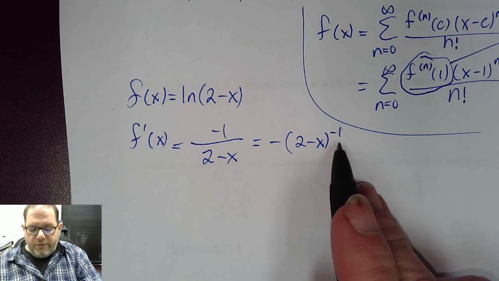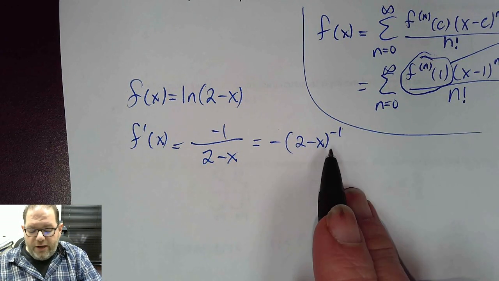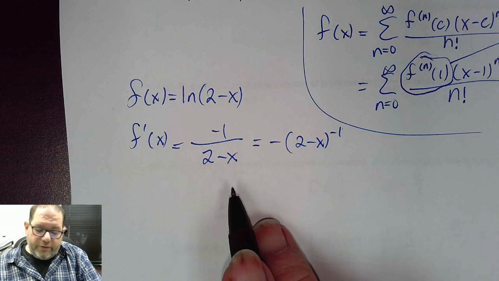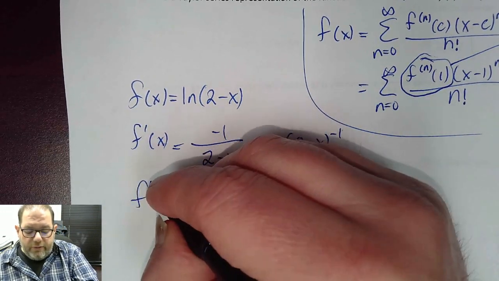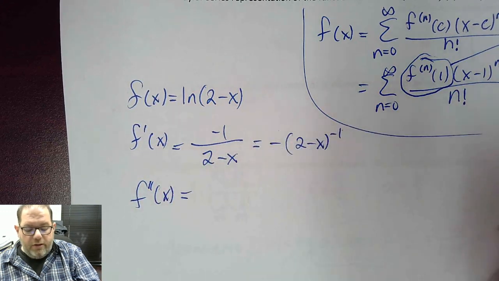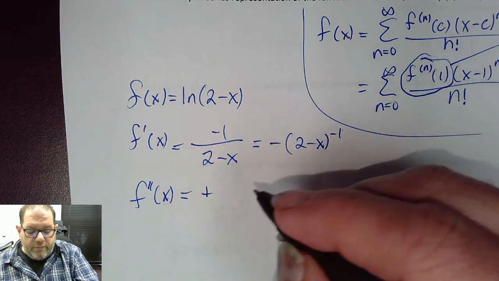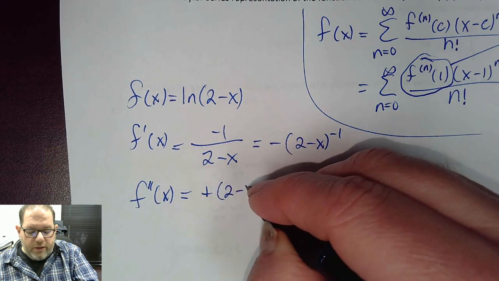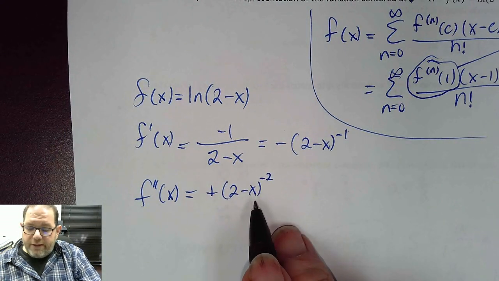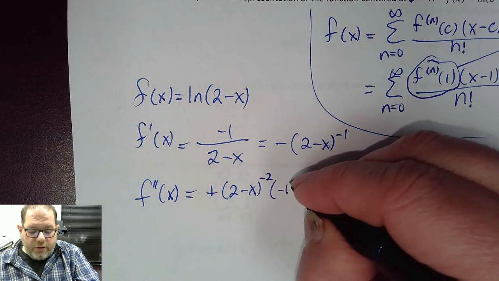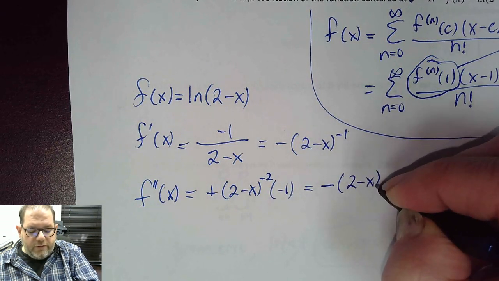And again, it's going to be nicer in this form because it's probably easier to use the chain rule than it is to use the quotient rule, I would say. So let's look at the second derivative. Well, we multiply by the negative 1, which will make it positive (2 minus x) to the negative 2, but then the derivative inside the parentheses is negative 1, so it's negative (2 minus x) to the minus 2.